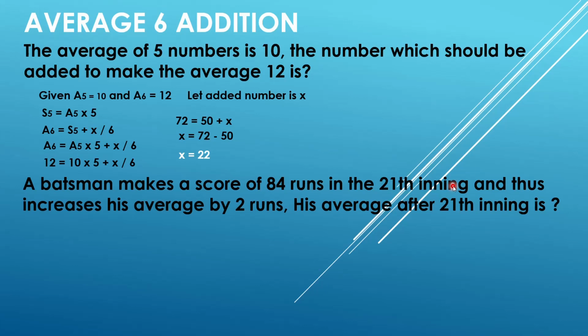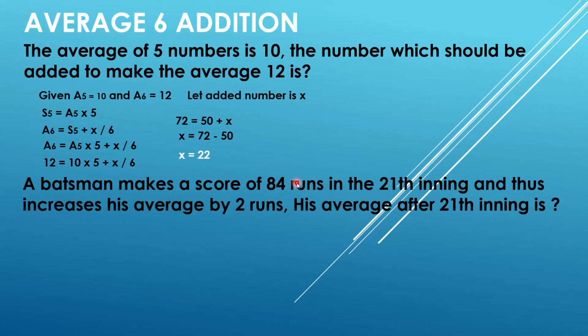So you know the number that is added, and the average also increases by 2 runs. Now we don't know what the average was at the 20th inning.